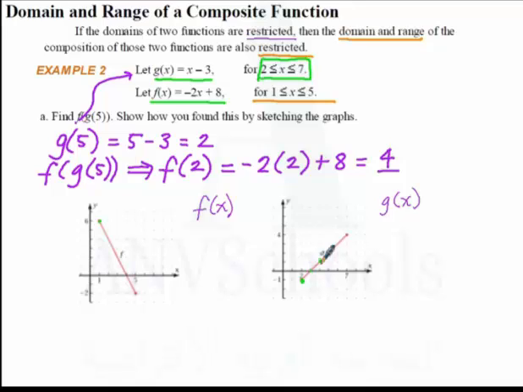If our x is equal to 5, then our g of x is equal to 2, which could be found here. If our x is equal to 6, then our g of x is equal to 3. And finally, if our x is equal to 7, then our g of x is equal to 4.